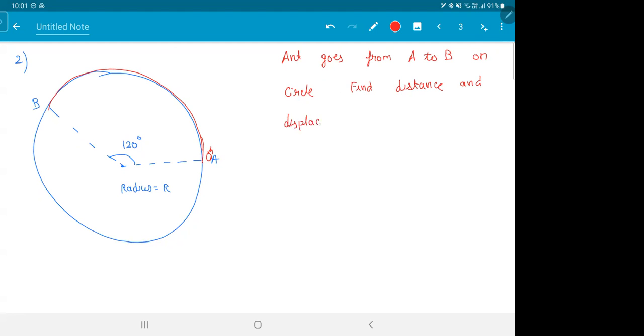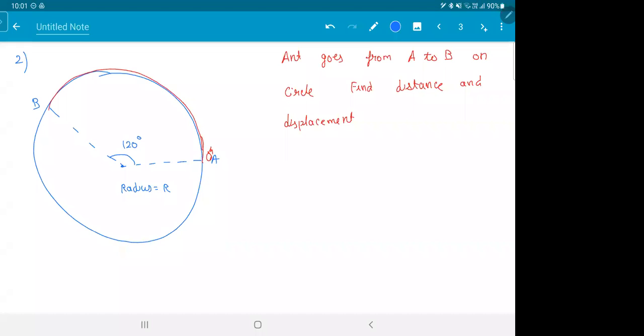You have done this also in the class. An ant goes on a circle from A to B, radius r, angle 120 degrees.